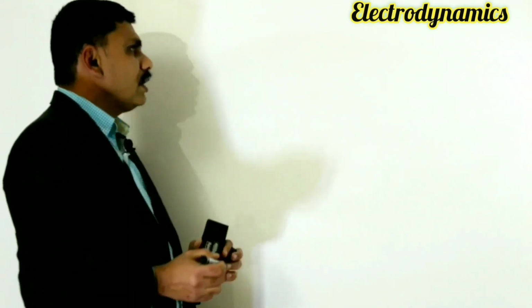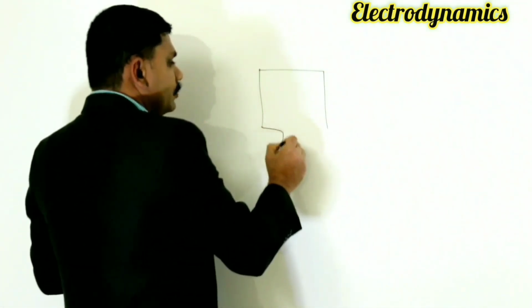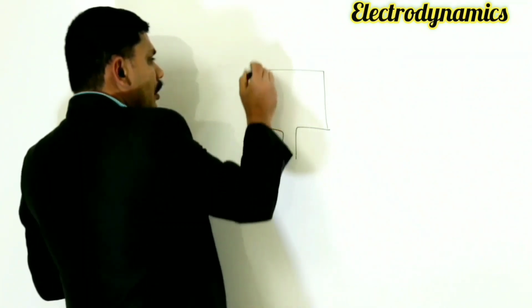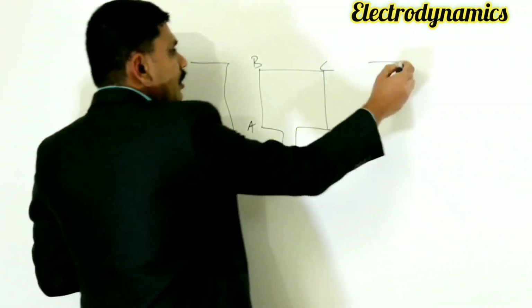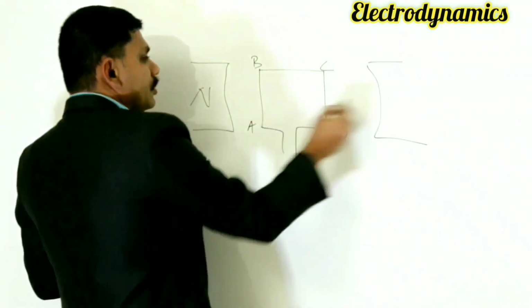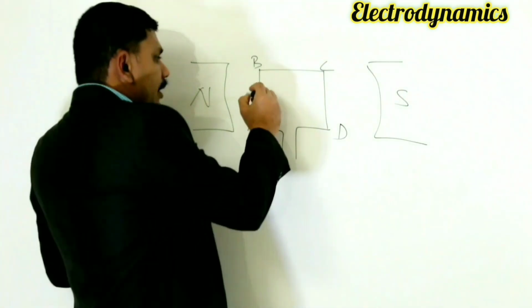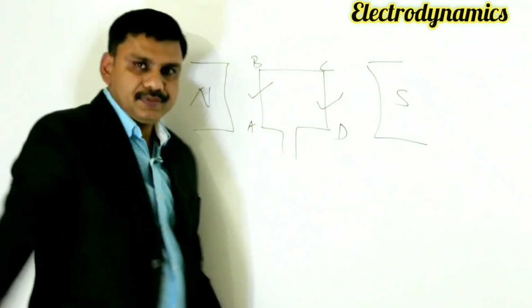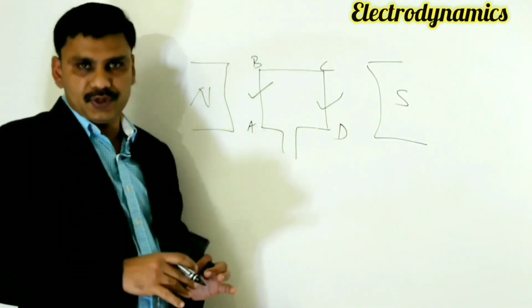So another question can come. Suppose it's a coil A, B, C, D placed in a magnetic field, north-south. Only sides AB and CD experience force.